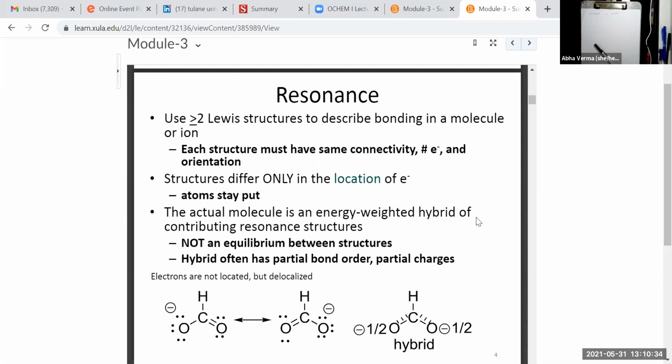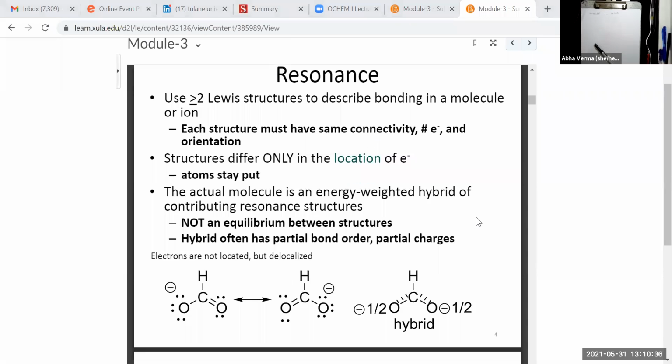What will be the actual molecule, or the energy-weighted hybrid? So in resonance, this is a resonance structure, this is a resonance structure, and then you have a hybrid structure. What does hybrid mean? Hybrid just means a combination, anything made by combining or mixing two different things or two different varieties, right? We all have hybrid vegetables, or some of the pets that we know of are hybrid.